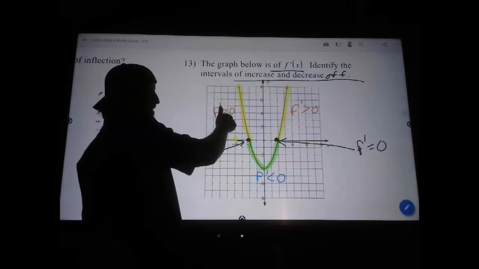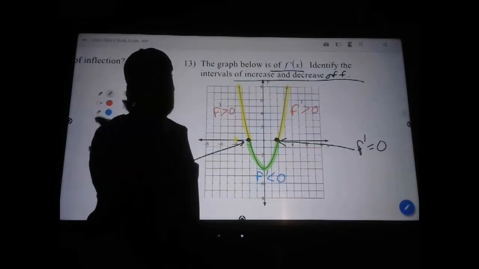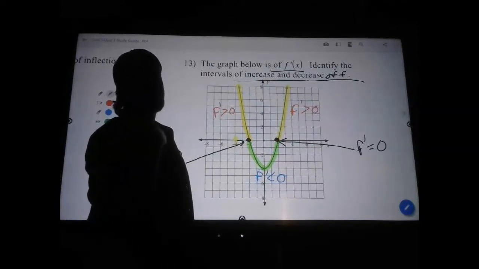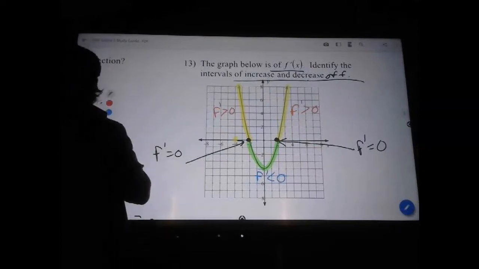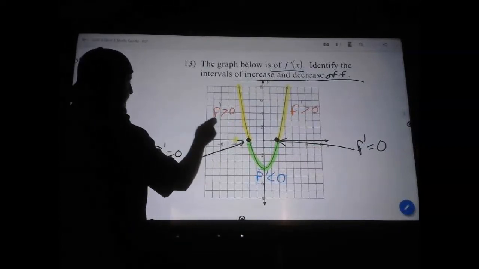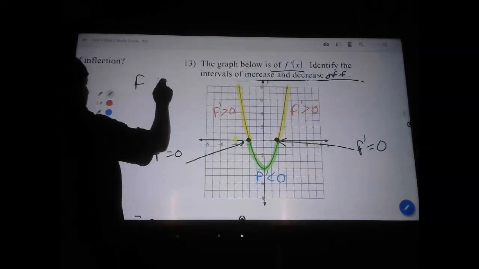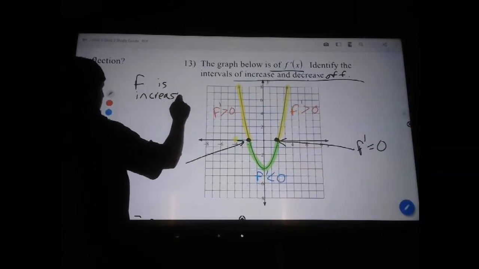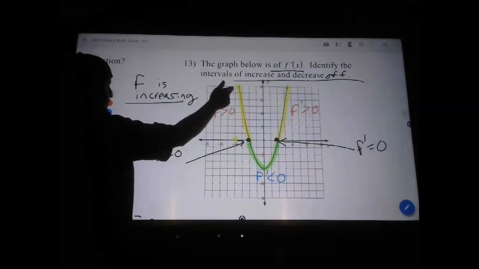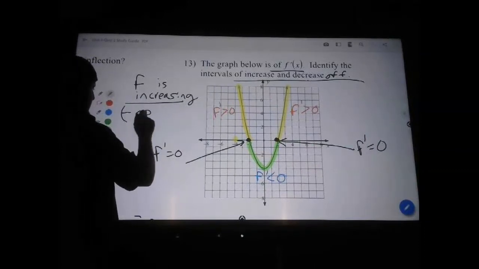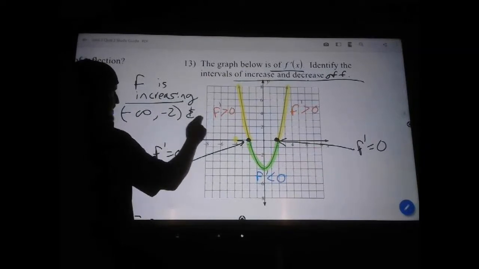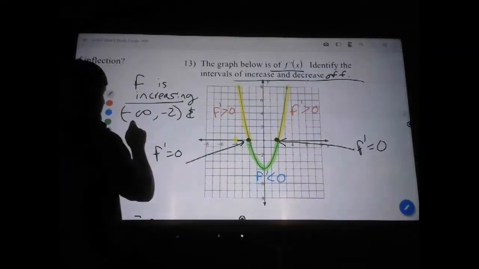So if f prime is positive, that means the graph of f, which we can't see with our eyes right now, actually would be going up. It would have a positive slope there. So what we would say then is that f is increasing from negative infinity up to negative 2, and from 2 on to positive infinity.